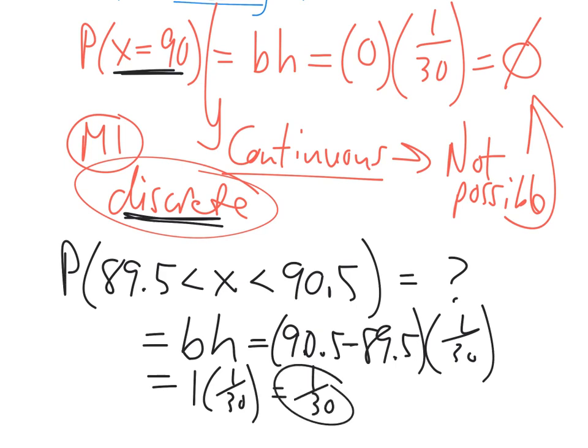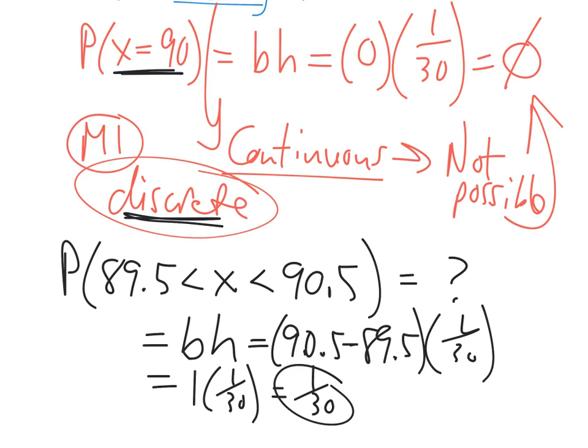So the probability that a student will take between 89.5 minutes and 90.5 minutes is 1 out of 30, and this includes exactly 90. Is this the probability for exactly 90? No, but it's the probability of the time span of a minute, which includes 30 seconds before and 30 seconds after 90 minutes.